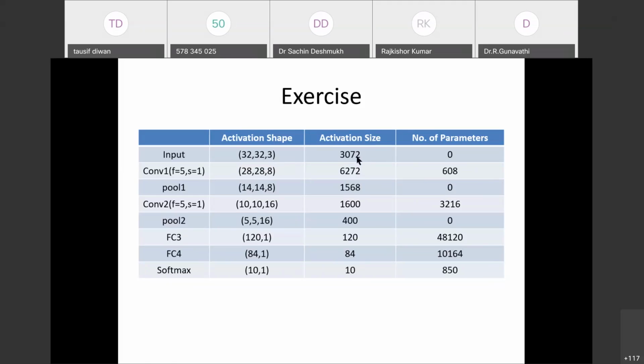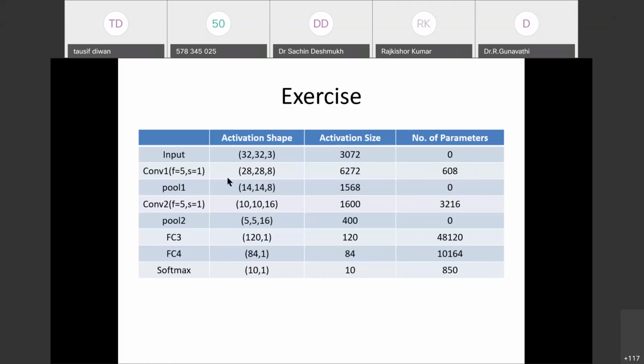Now for the input, no parameter is associated. After that we apply the first convolution operation. In the first convolution operation, what is the filter size? Yeah, the size is 5 cross 5.